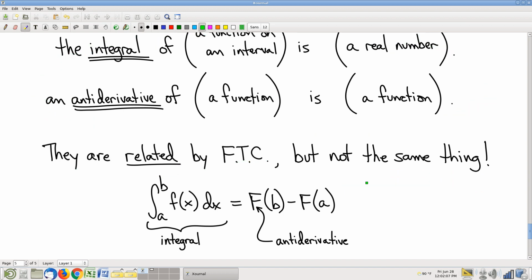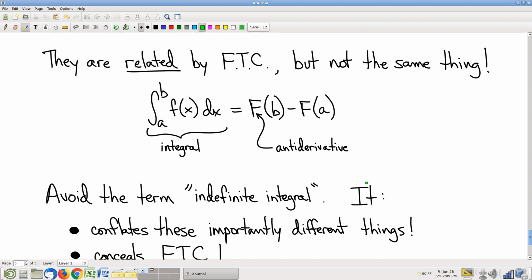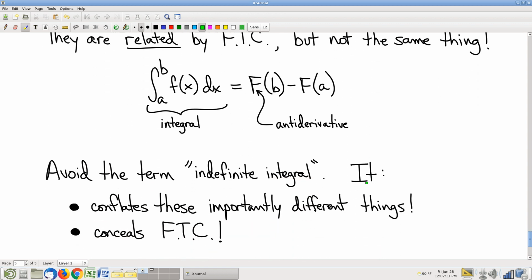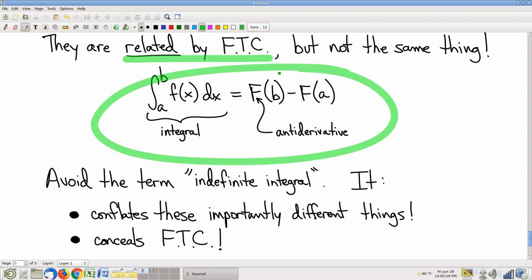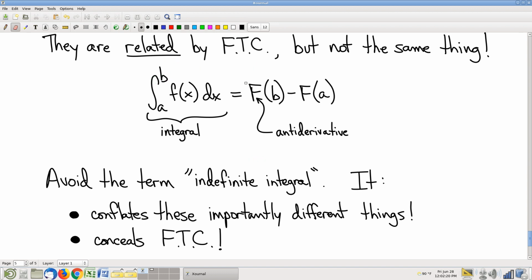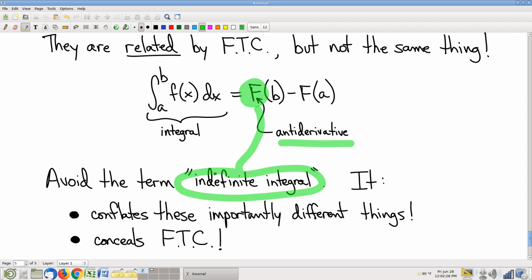Okay, so why does this matter? Related to this connection between integrals and antiderivatives, this function here, the antiderivative, is sometimes referred to as an indefinite integral.